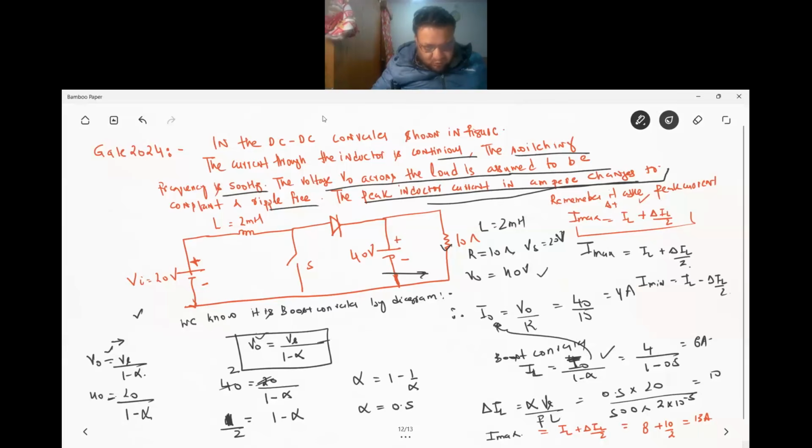You just reverse it: 20 ones are 20, 20 twos are 40, so 1 by 2 will become 1 minus alpha. 1 goes to this side, so alpha is equal to 0.5. So first thing is this, alpha you calculated 0.5.